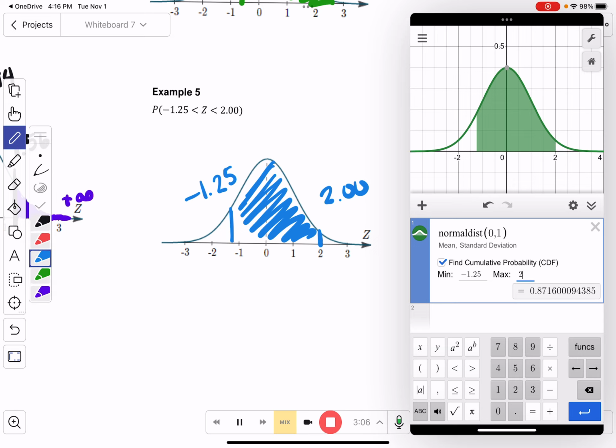And there's your area, 0.8716. What you'll see is that for all of these problems, the first thing you always want to do is start with a drawn curve, label it with the mean, and then locate values on the curve to help you do your shading.